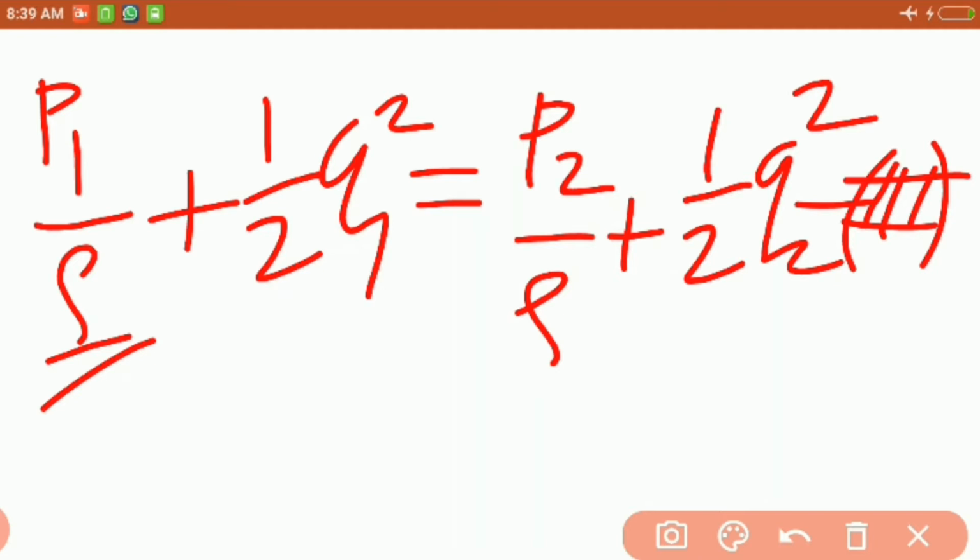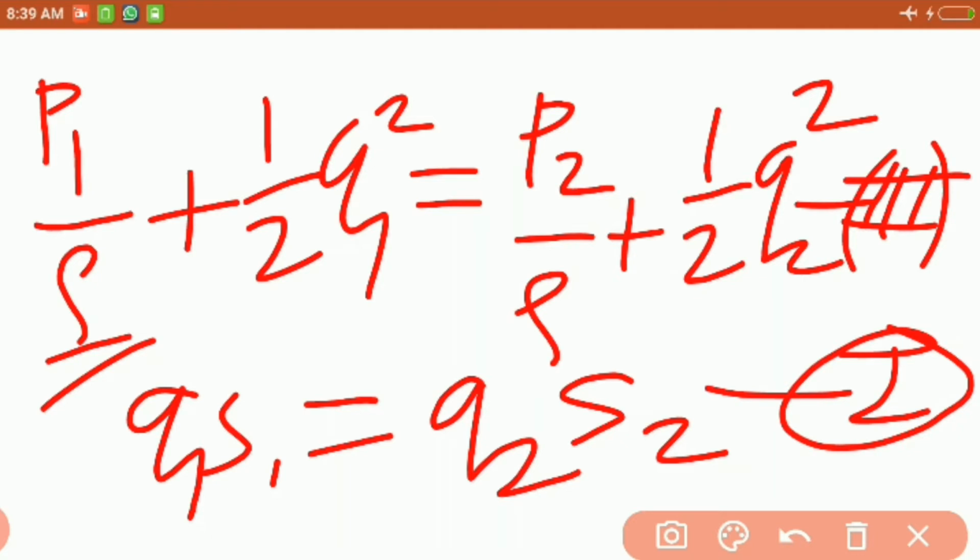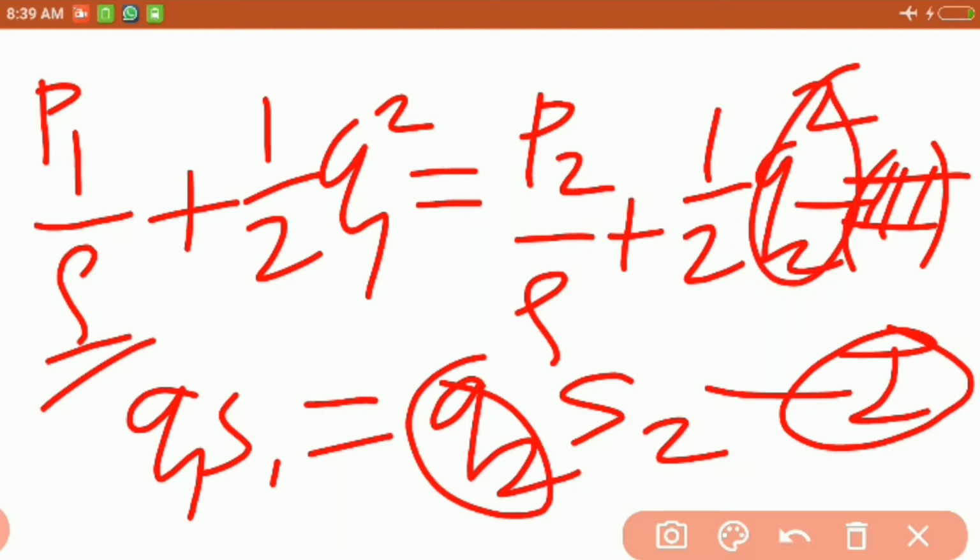The first equation is Q1S1 is equal to Q2S2. We want to eliminate Q2 from first and third equation. Then what do we get?